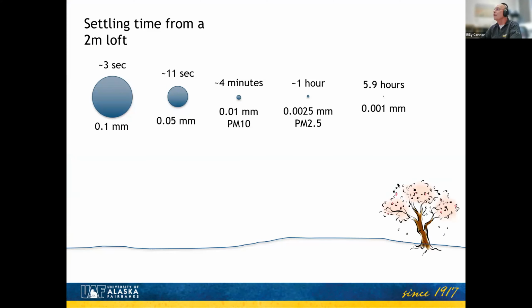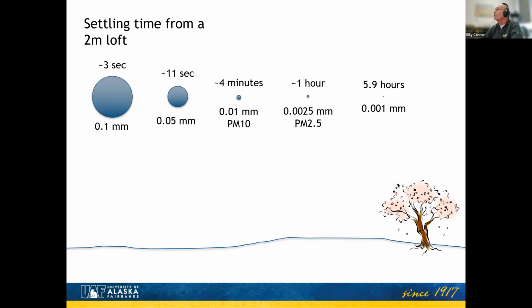To give you an idea of how fast that settles out, we're going to look at a particle that's 1/10 of a millimeter in size. It takes about 3 seconds to drop out. 0.05 millimeter takes about 11 seconds. A PM10 takes about 4 minutes.